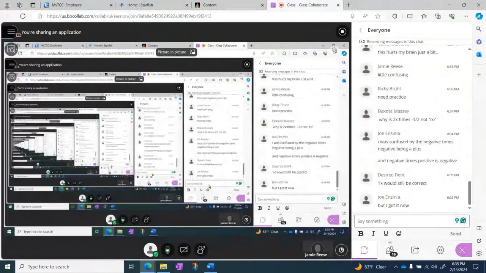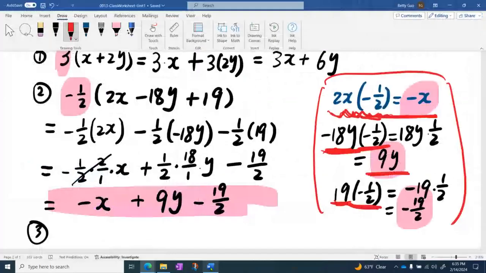1 times y is 2 times negative half, not a 1x. Did I do anything wrong here? Yes, it is 1x, but it's negative though. Negative times positive is negative.